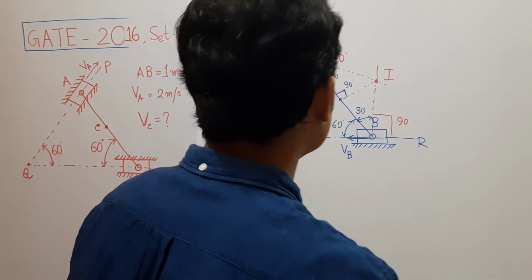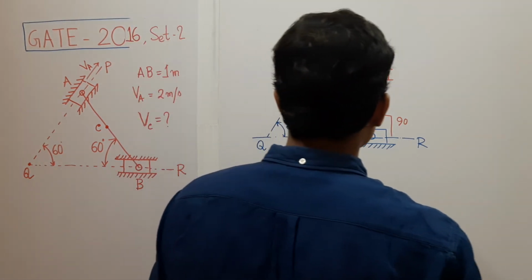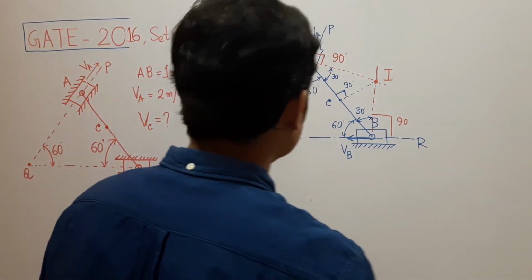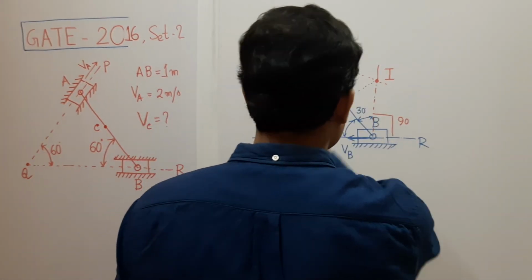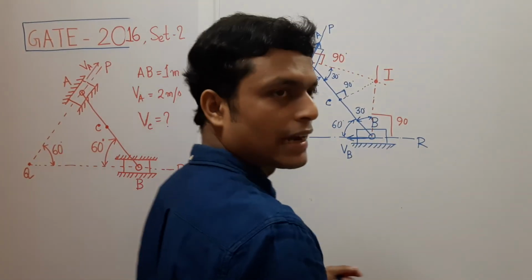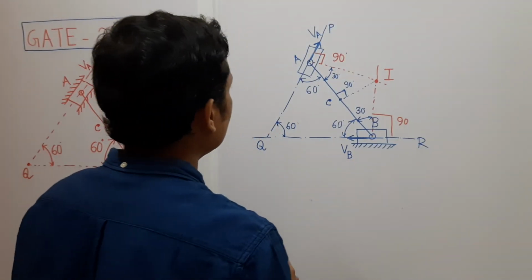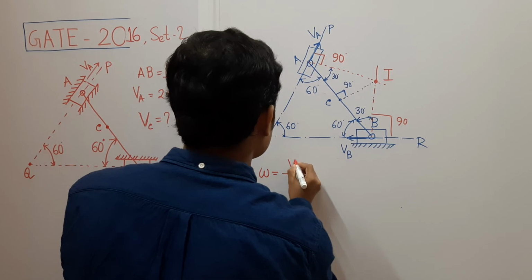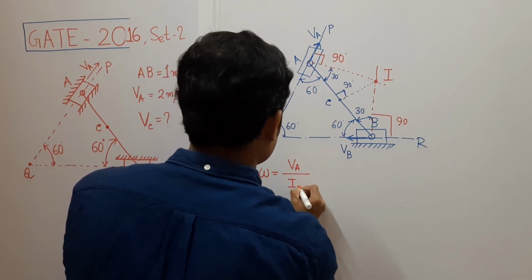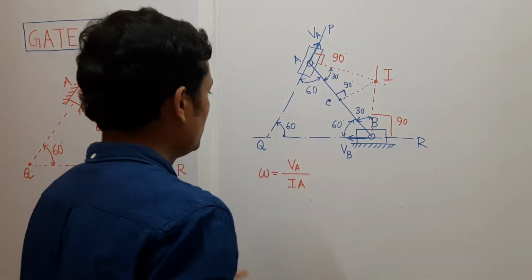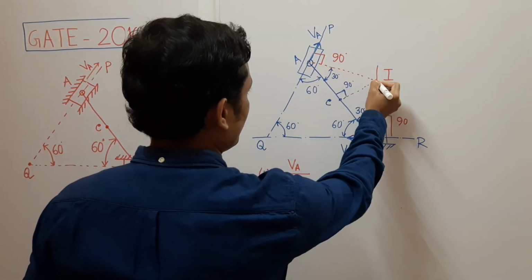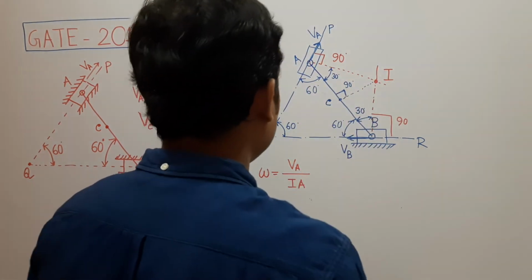So what is our task? Our task is to determine the velocity at point C. So what will be the velocity at point C? That is omega into IC. Before that, let us determine what omega is. Omega will be VA by IA. So omega is VA by this distance from the instantaneous center, that is IA.